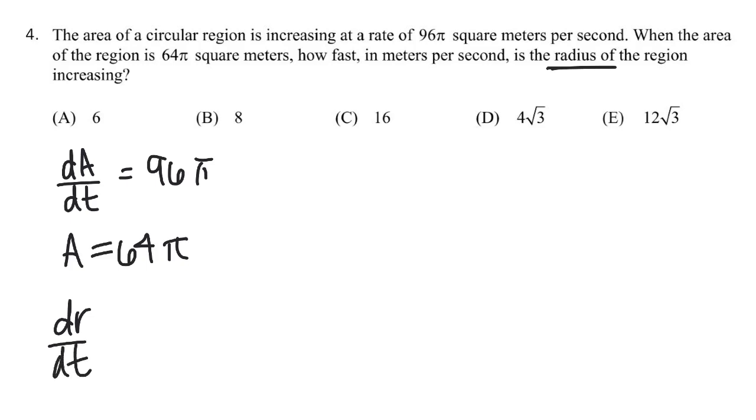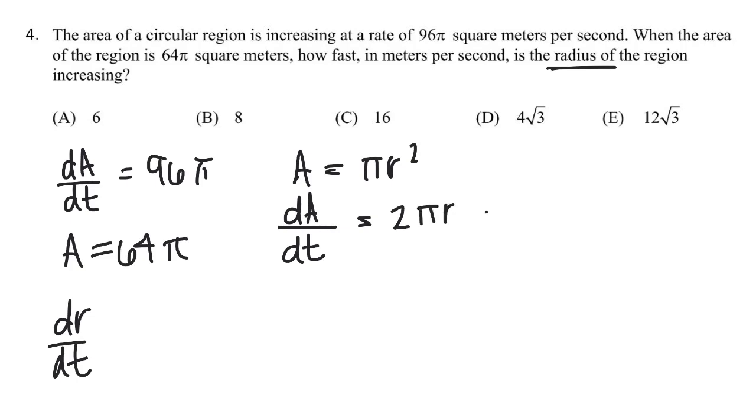So I need to remember the area formula of a circle, pi r squared, and we need to find the derivative of this with respect to time. That's going to give us 2 pi r dr/dt. And it looks like we have just about everything we need. The rate of change of the area, 96 pi, equals 2 pi times the radius.